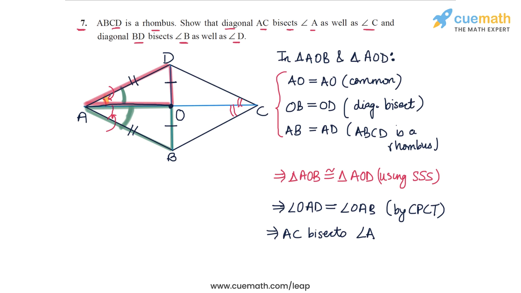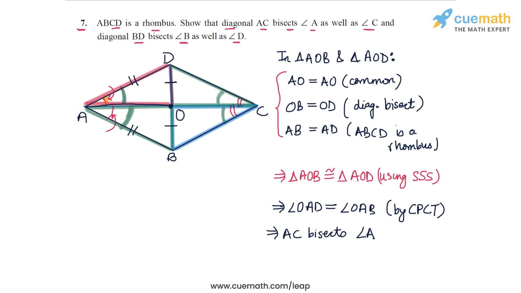We can similarly do the proof for AC bisecting angle C. To do that, we would compare triangle OCD and triangle OCB, and by showing them congruent, we can show that this angle here and this angle here are equal.